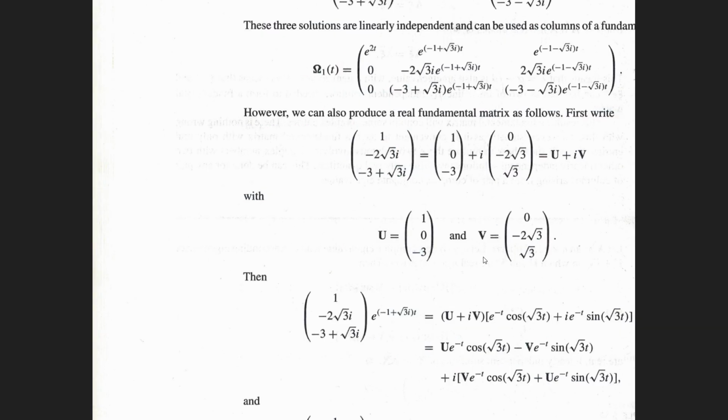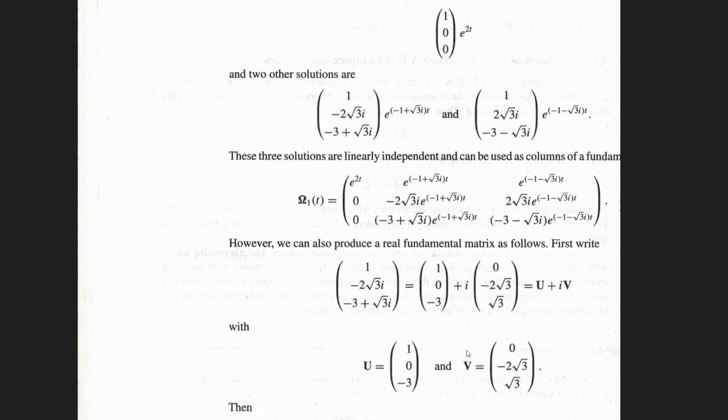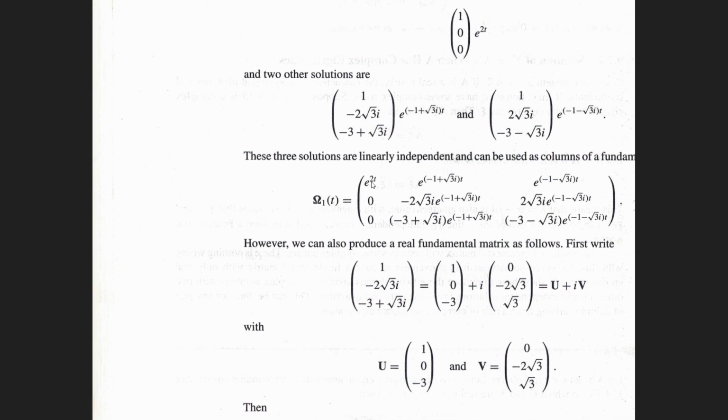This is another example. In this case, our matrix is a function of t with complex numbers. So we should be able to implement a matrix of complex numbers, a matrix with elements that are functions with complex numbers.